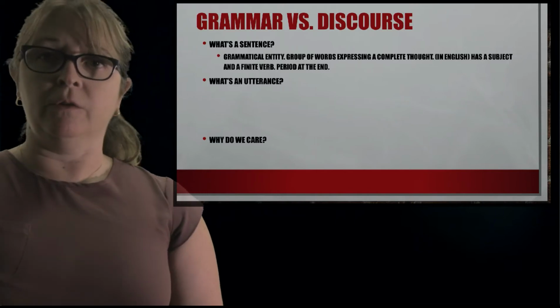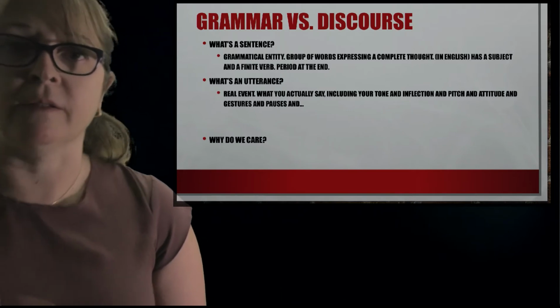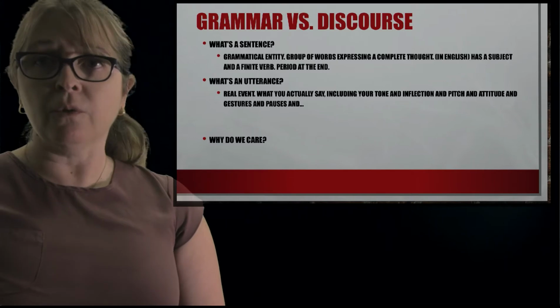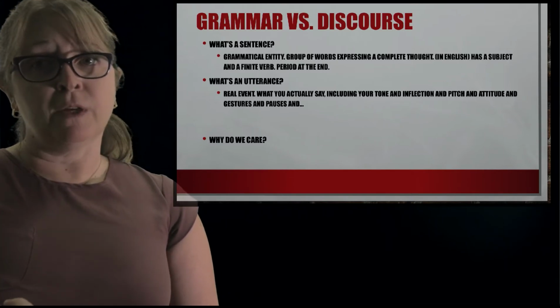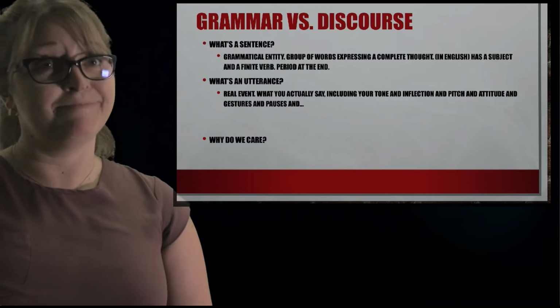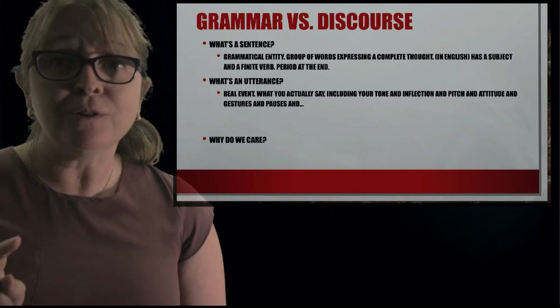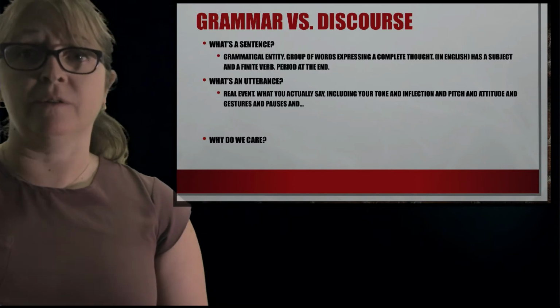Then you go to the utterance, when you actually say the sentence. It's what you actually say, including your tone, inflection, pitch. So if I say, bless her heart, right? And attitude, gestures, if you pause, that's an utterance.